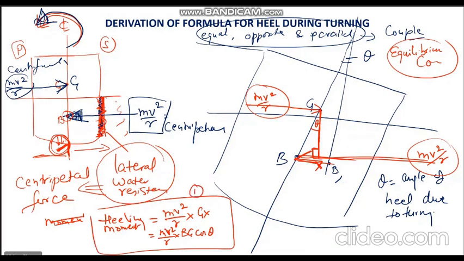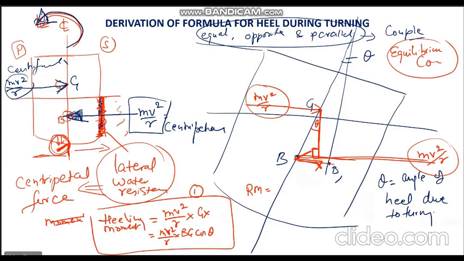Now, if the ship has come to an equilibrium condition, what is the righting moment equal to? W into GZ. And for small angles of heel, GZ is equal to GM initial sine theta. And what is W? Displacement, weight.